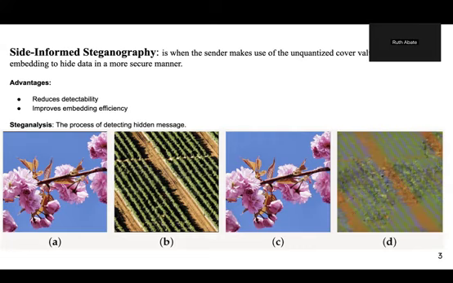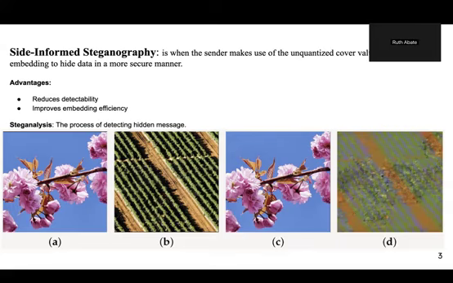This makes the hidden message much harder to detect. In simpler terms, it blends the changes more naturally into the image, making it less likely that detection tools or even advanced forensic techniques will notice anything unusual.